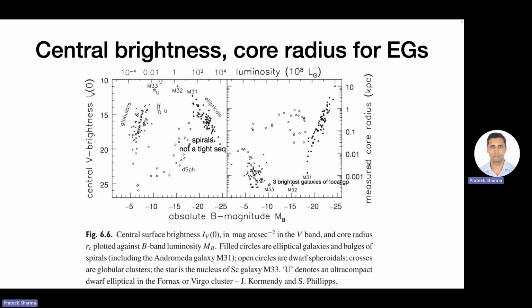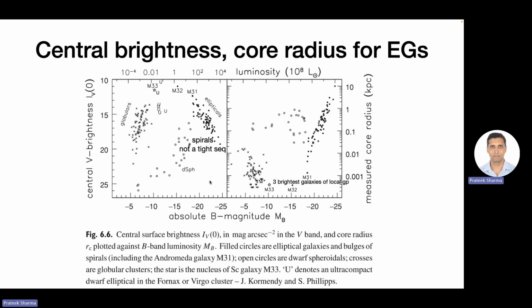Okay. And unlike these elliptical galaxies, which are a one parameter family, so luminosity essentially determines the size of the galaxy. The more luminous galaxies are bigger, right, from this, and the more luminous galaxies have lower central surface brightness. So this is like an HR diagram.